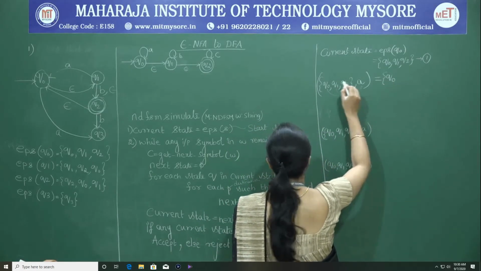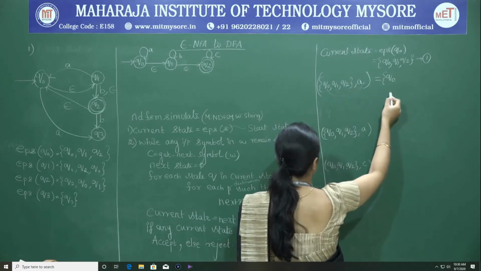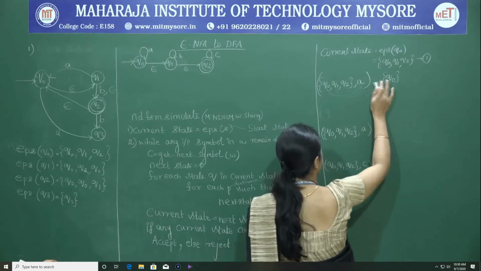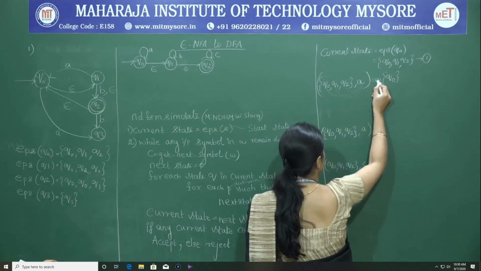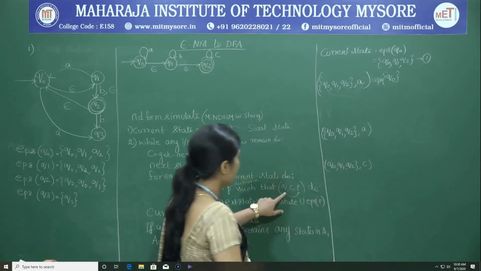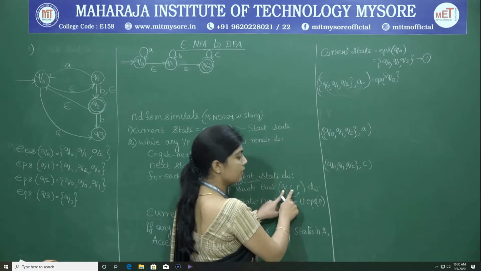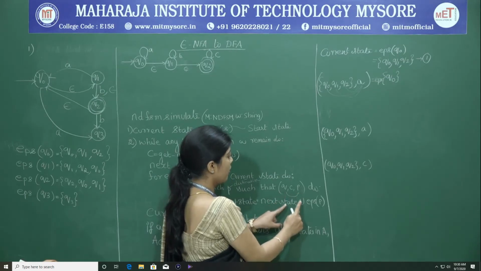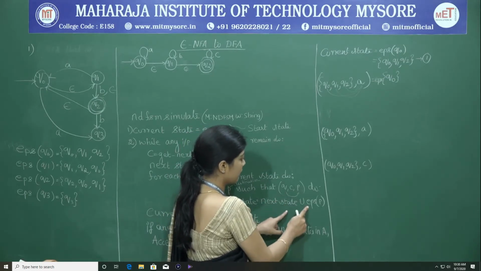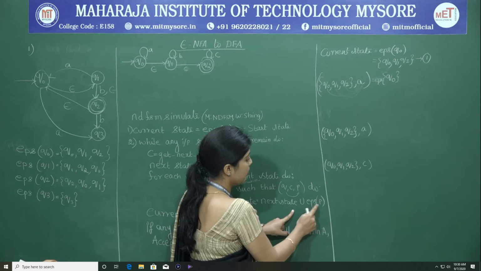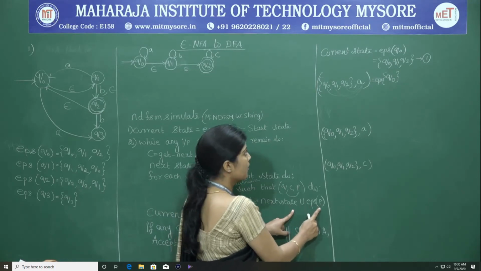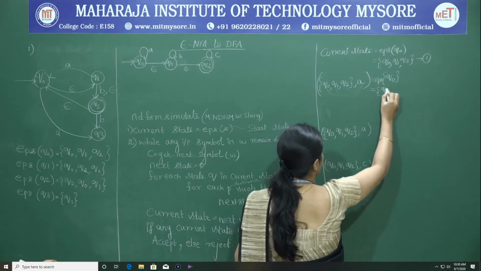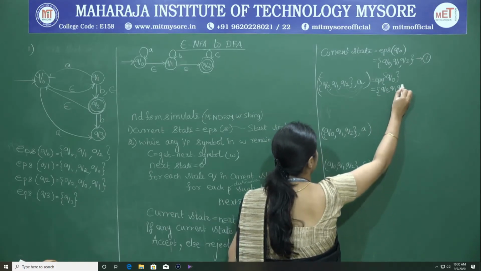Q1 on A we do not have any transition, and Q2 on A also we do not have any transition. Q0 is not just kept as it is, but we include the EPS. We state that from Q on some input symbol C, if we are going to P, then we do not keep P as it is, but take the EPS of P. So we write EPS of Q0, which is equal to Q0, Q1, Q2.